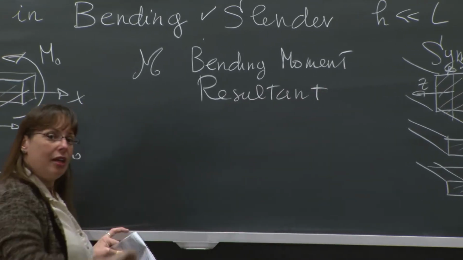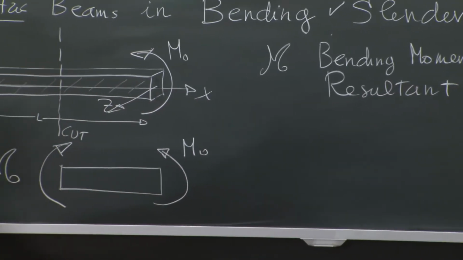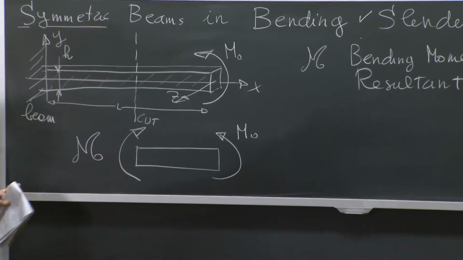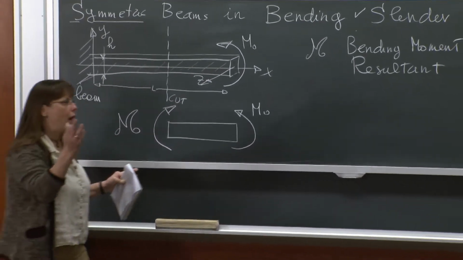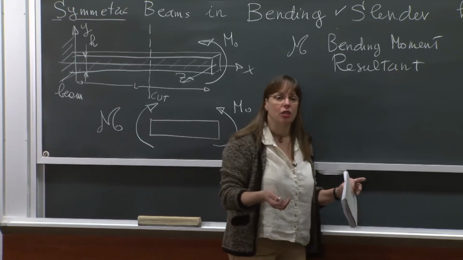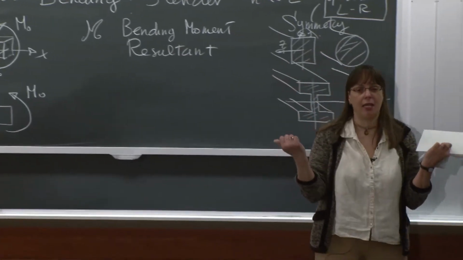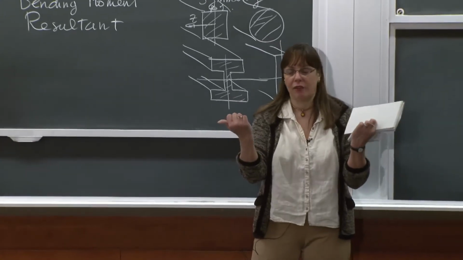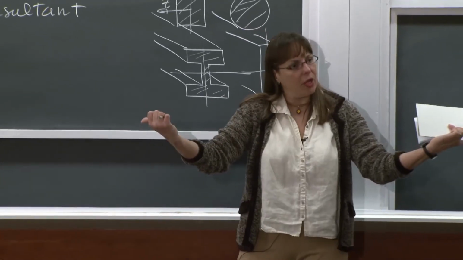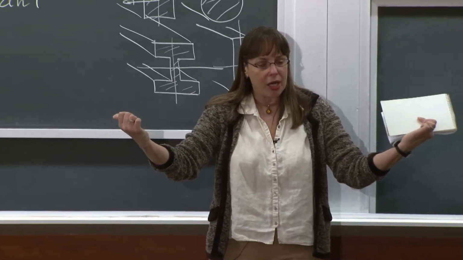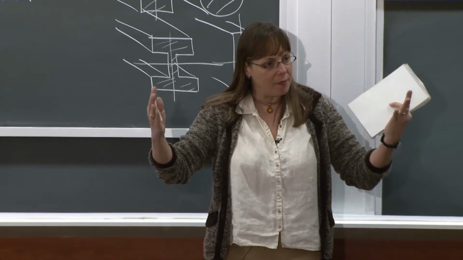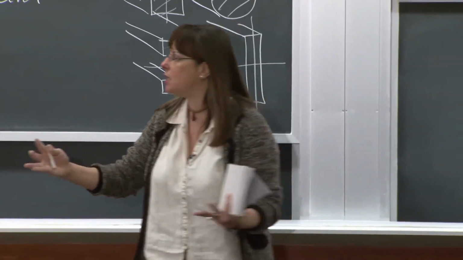And because I taught you to think about directions and conventions, the first thing is, which way do you draw it? Well, it must have its own convention, the same way as N had its own convention. For N, we said that the axial loading is positive if I pull on the bar so that it gets longer. If the bar is in tension, N is positive.